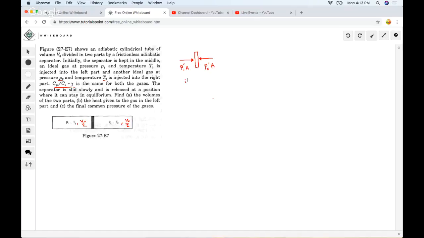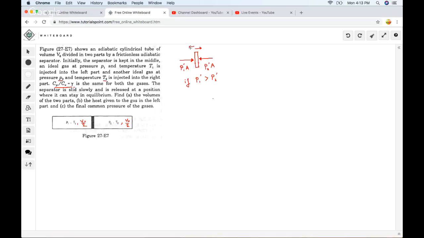If P1 dash is more than P2 dash, what will happen? The separator will move towards the right, and it will move towards the left if P1 dash is less than P2 dash.